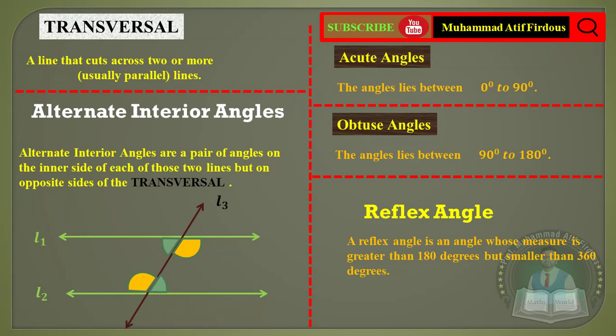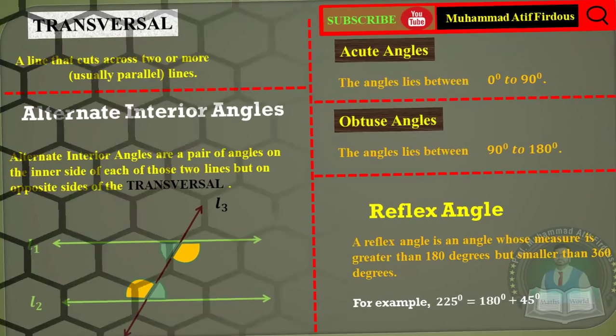It must be greater than 180 degrees but less than 360 degrees. Then the angle is called a reflex angle. Okay. For example, 225 degree, you can take it from south, 180 degree plus 45. You can write it as 180 degree plus 45 degree.